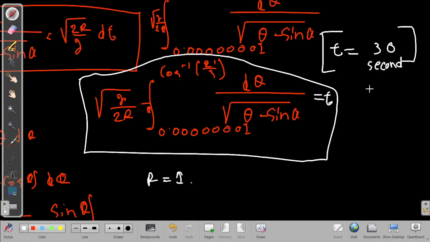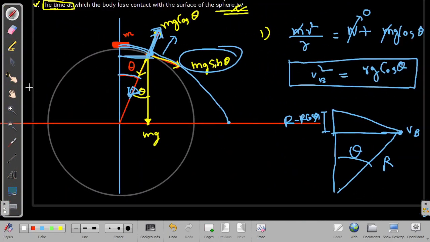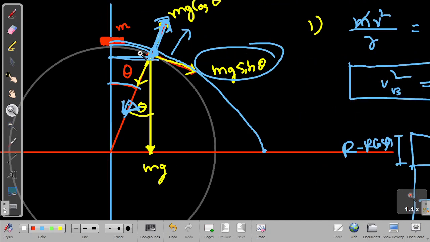Whereas the answer that was given to us was 0.39 seconds, which is not even close to the actual answer. You can understand why this answer seems logical. Please look here and let us zoom in.